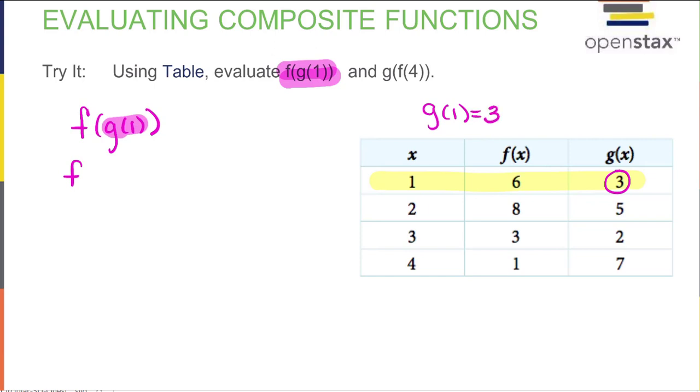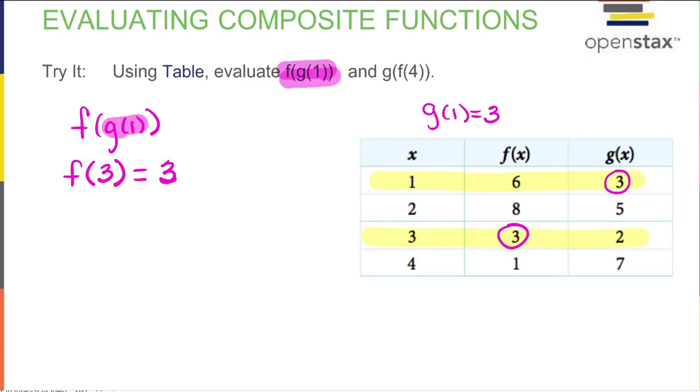So if we're finding f of g of 1, and g of 1 is 3, we're really finding f of 3. So go to x equals 3, and we can see that f at 3 is actually 3.